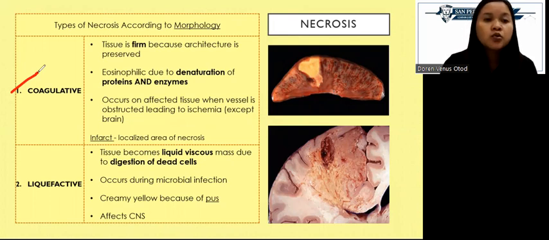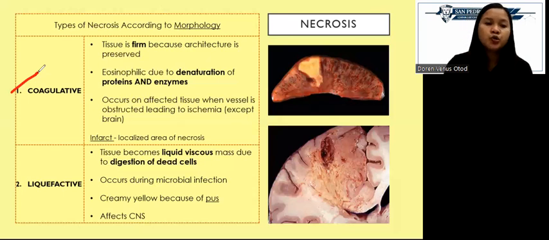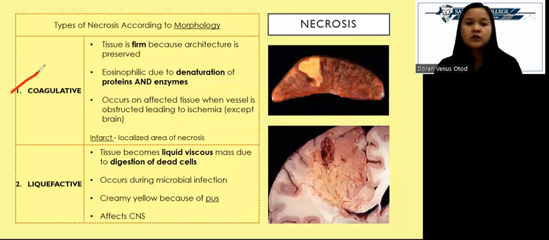So this one usually occurs in affected tissue when a vessel is obstructed, leading to ischemia, except if the coagulation occurs in the brain. So the main cause of this type of necrosis is really ischemia. Again, when you say ischemia, there is a lack or low oxygen supply in that specific organ or tissue.